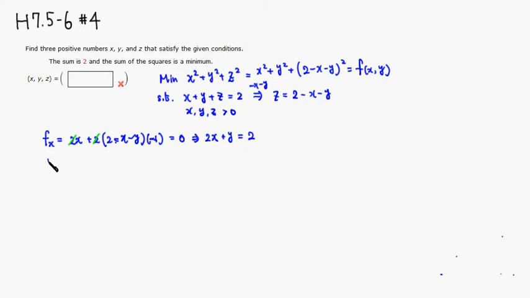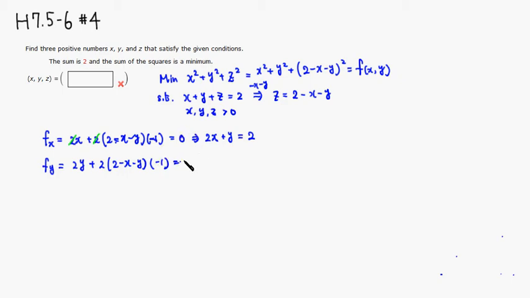Now we take the partial with respect to y. So that's 0 for the x squared, and you have 2y plus 2 in front, keep the inside function as it is, subtract 1 from the power, and the partial of the inside with respect to y is negative 1.